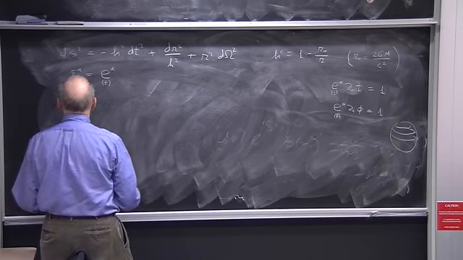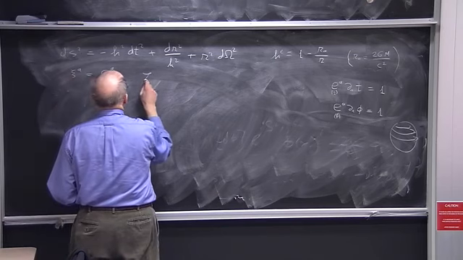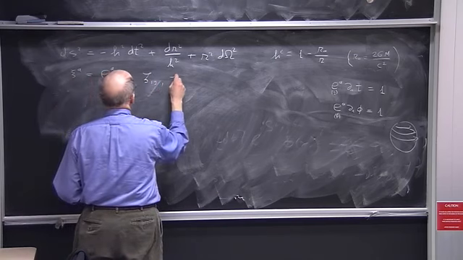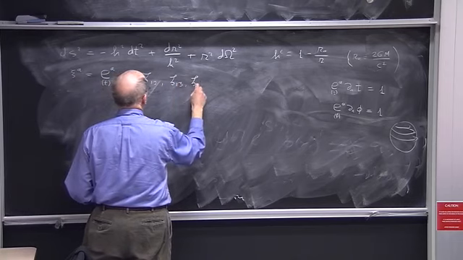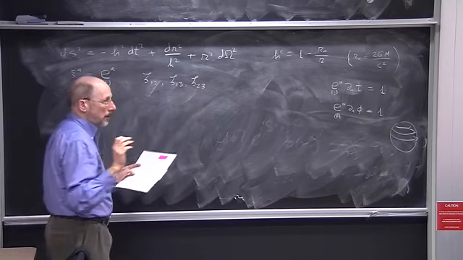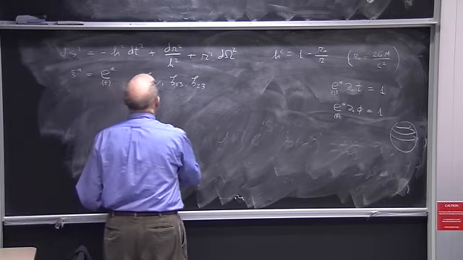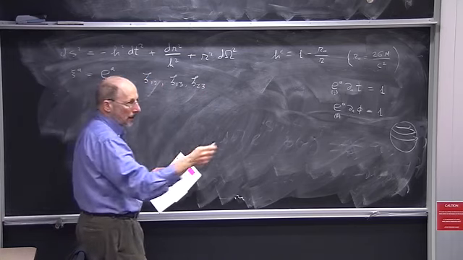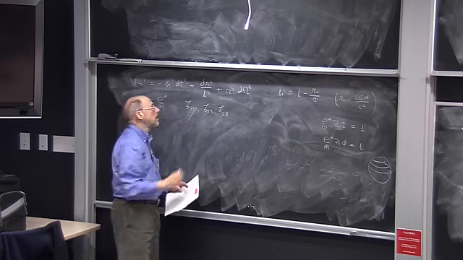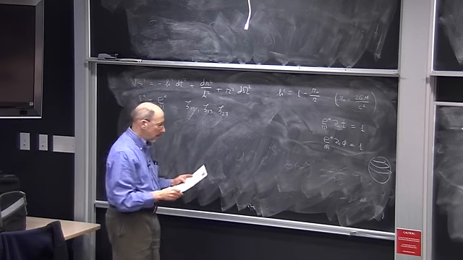And then there are these. That's the time-like translational Killing vector. And then there are 3 rotational Killing vectors corresponding to the spherical symmetry that we identified. They're all just related to each other by rotation. This means rotation about the z-axis. This is rotation about the y-axis. And this is rotation about the x-axis.